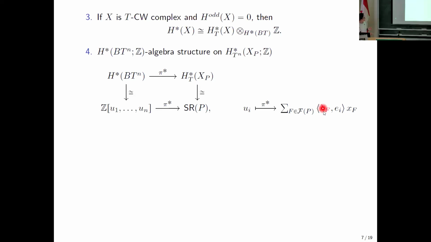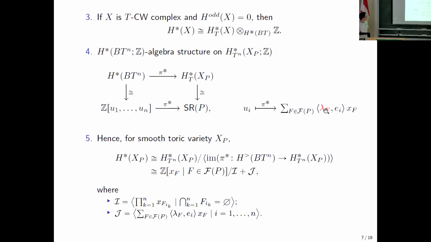So for the case of a smooth toric variety, my singular ordinary cohomology is isomorphic to the equivariant cohomology modulo this algebra structure. That's going to be just a polynomial ring modulo two types of ideals. One is the ideal I that comes from the combinatorics of P, and the second ideal J has some information about the geometry. So remember that topologically or geometrically as well, the toric variety is all about the polytope, right?